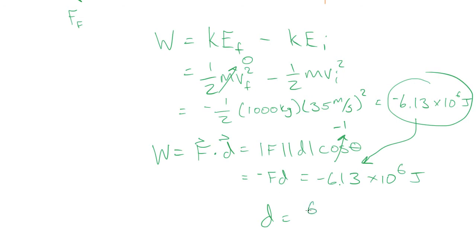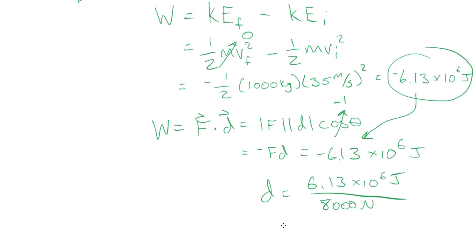In other words, the negatives cancel out. So I get 6.13 times 10 to the 6 joules divided by the force, which I said to be, what did I say the force was? 8,000. 8,000 newtons. And the answer that you should get is 76.6 meters. So that's the minimum distance that I need in order to avoid a collision.